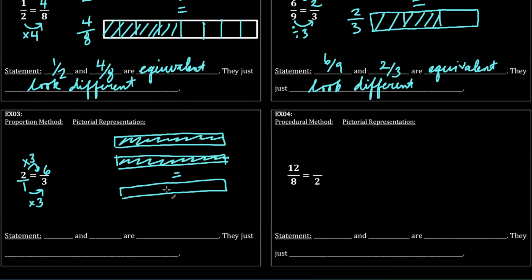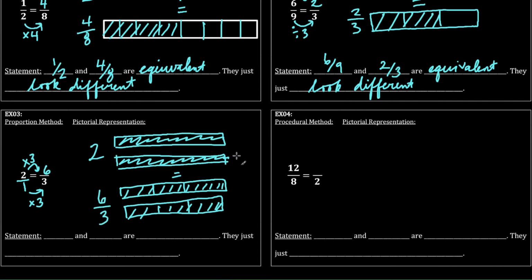I created a whole. I can draw 3/3 at a time. But I need 3 more, so I'm going to draw another whole, and another 3/3. And I get 6/3. So 2 wholes is equal to 6/3.